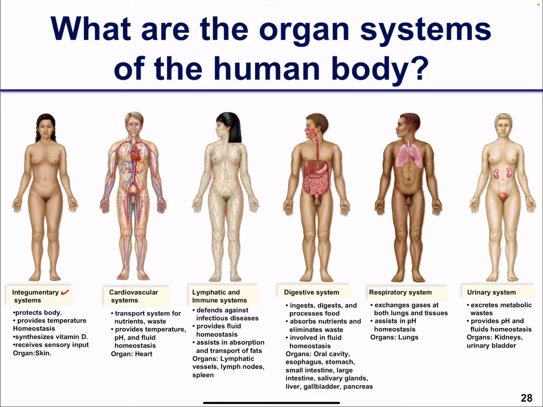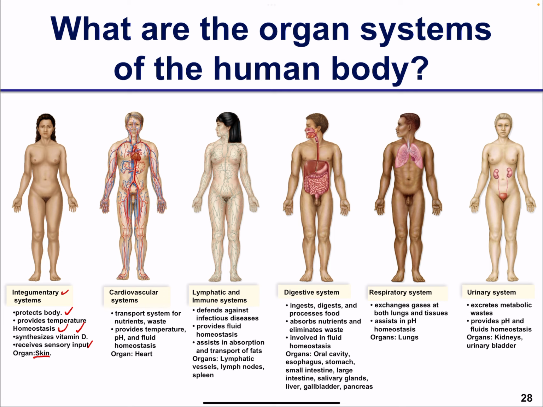That integumentary system, its job is going to be to provide protection to the body, to maintain an internal balance inside of the body in terms of temperature. The integumentary system is going to synthesize vitamin D, receive sensory inputs. An example of organ in the integumentary system is going to be the skin.